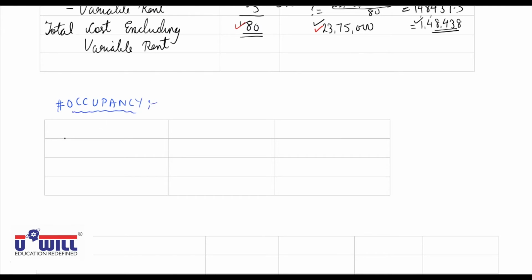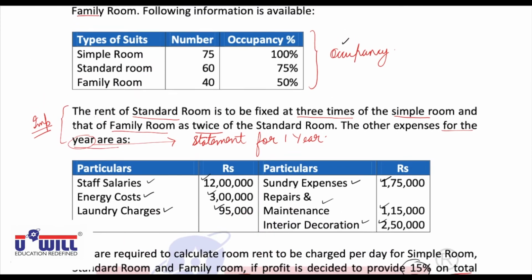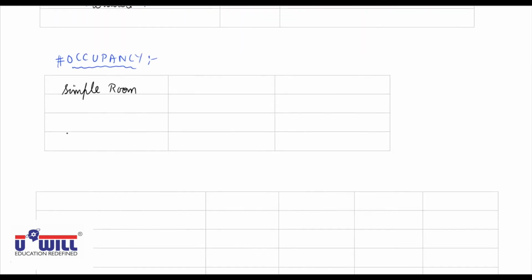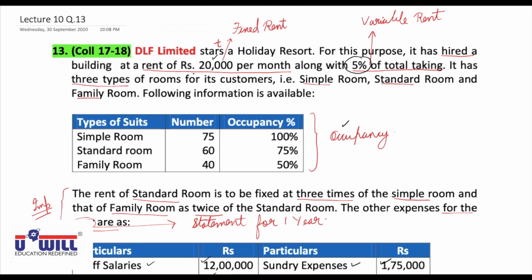Occupancy we have to find for simple room, standard room and family room. Now that second table will help us in getting the occupancy.